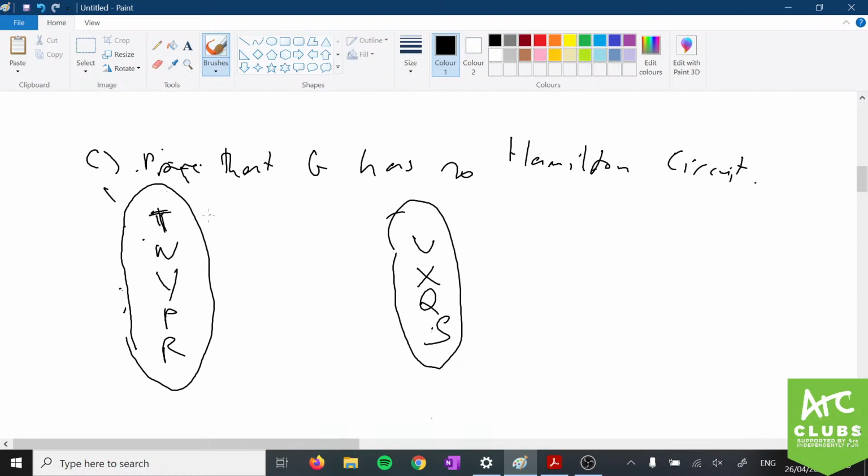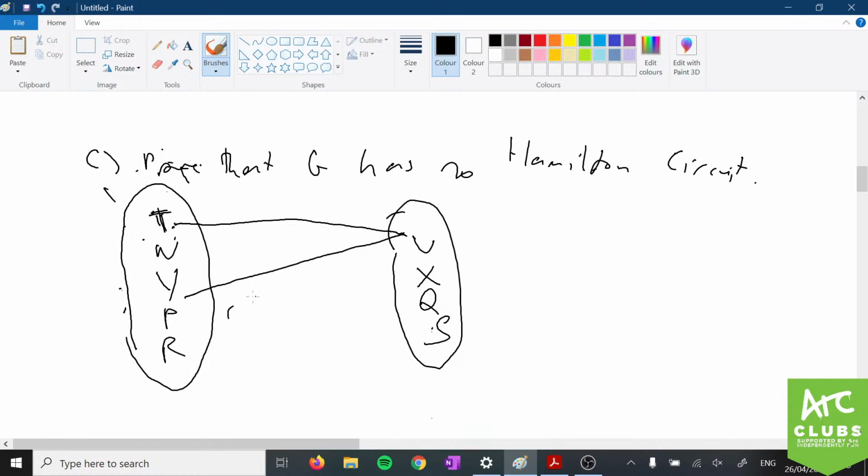Now, what happens if we travel along an edge from T? Since this is a bipartite graph, we always have to cross groups. From T, we're going to end up in this group of vertices. And moving from this group along an edge, again, will transfer us to the other group, since every edge is a bridge.